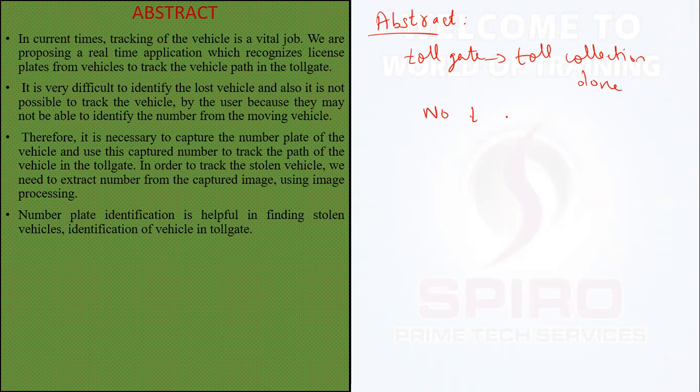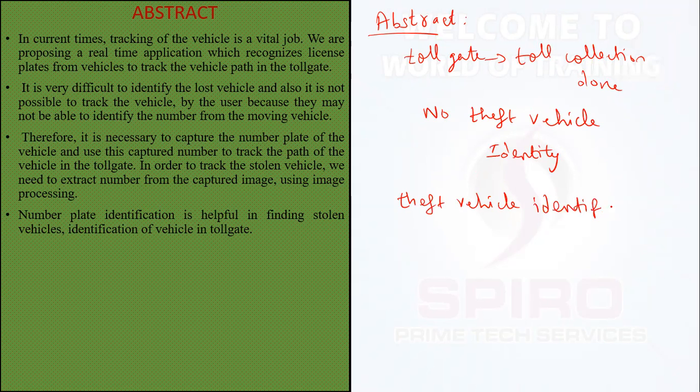Theft vehicle information is passed manually to the toll gate, that is, informing manually to the toll gate. So this leads to late communication and a chance of the theft vehicle escaping.